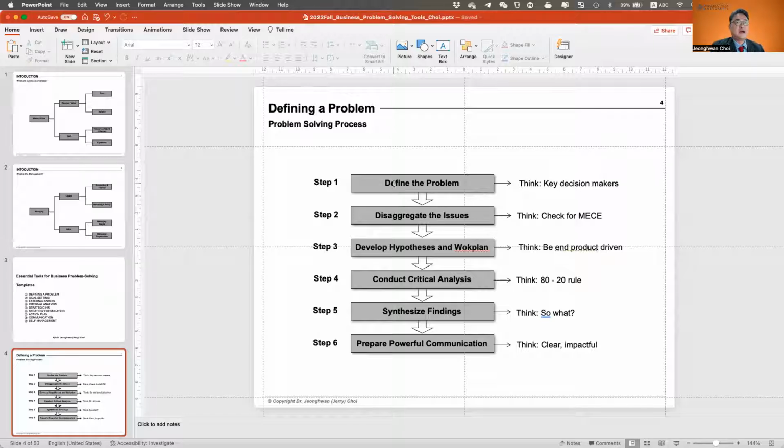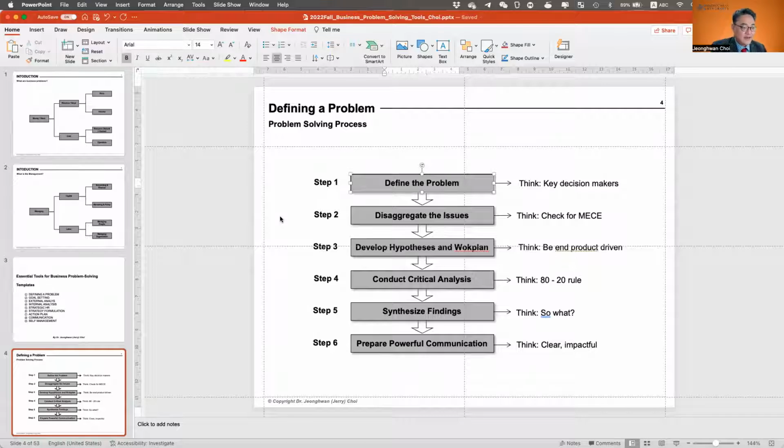I said that once we define the problem in the right manner, the other processes are quite mechanistic. Defining a problem is the most important, the most time consuming and the most teasing process.